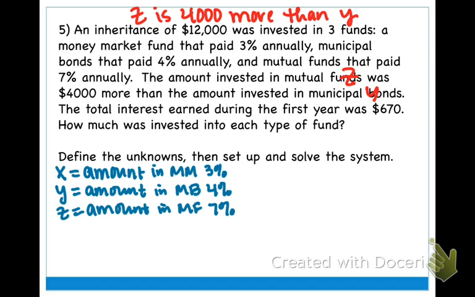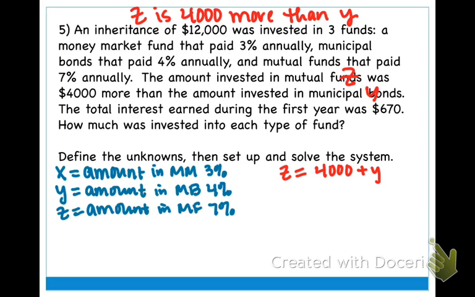Anytime you see the word is, that always means equals. So I can say Z equals, and then 4,000 more than Y means I'm going to add 4,000 and Y. So I get Z equals 4,000 plus Y.